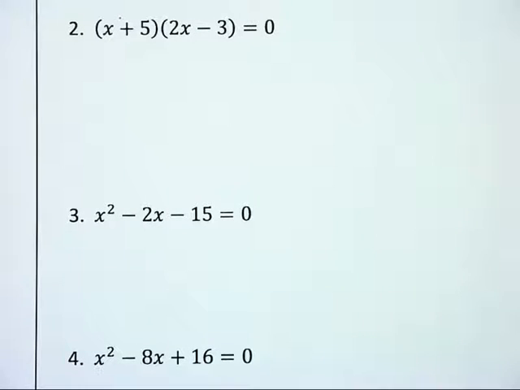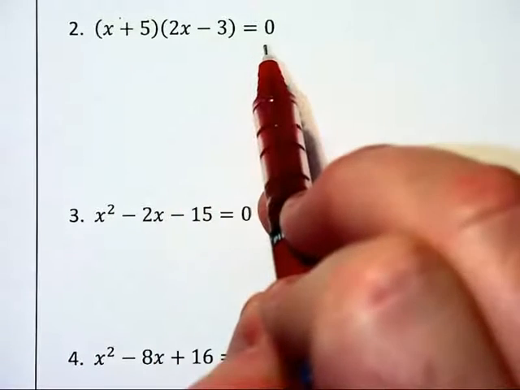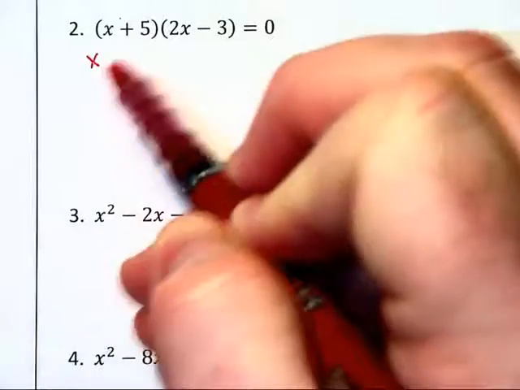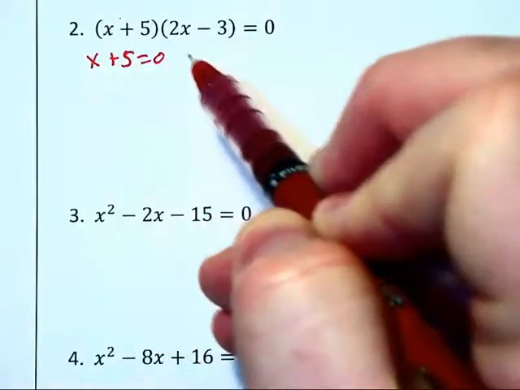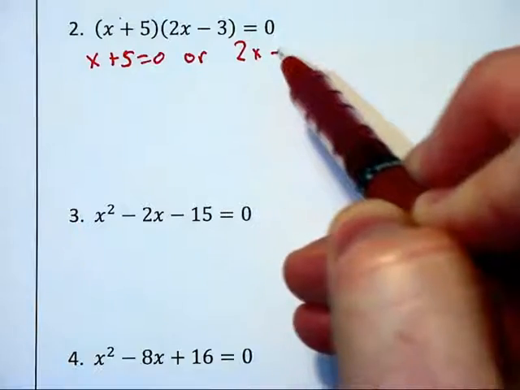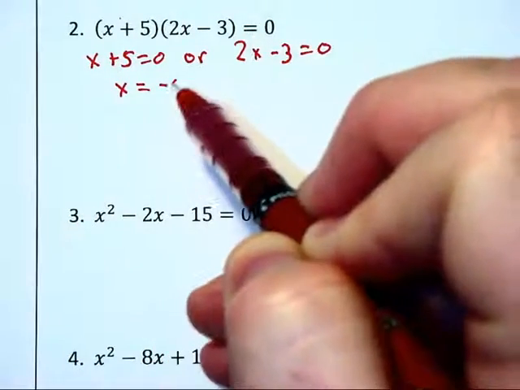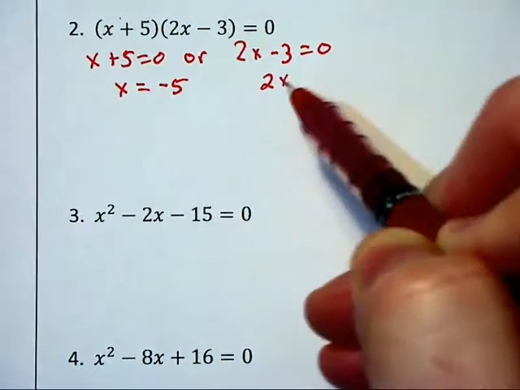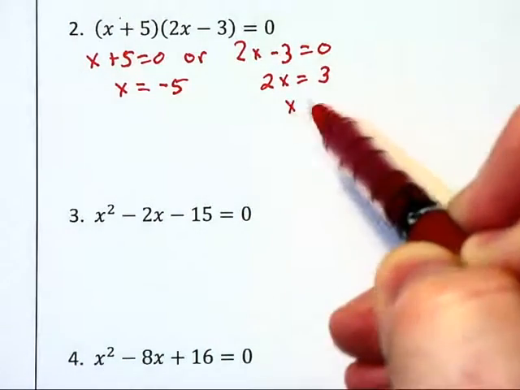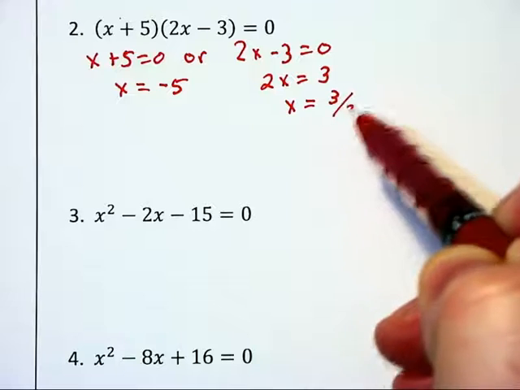Again, in this next problem, we have two things being multiplied together to make 0. So either x plus 5 is 0 or 2x minus 3 is equal to 0. This means that x is negative 5 or 2x is equal to 3, resulting in x equals 3/2.